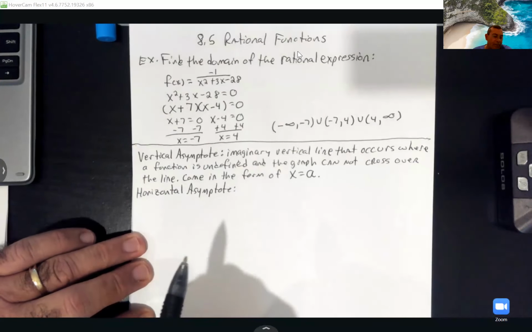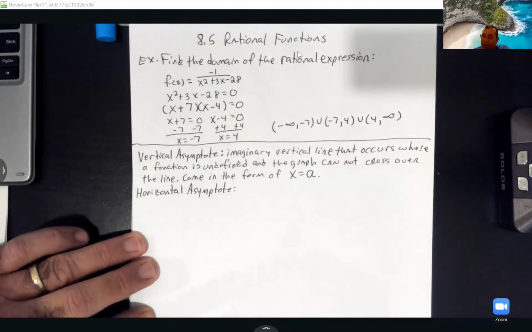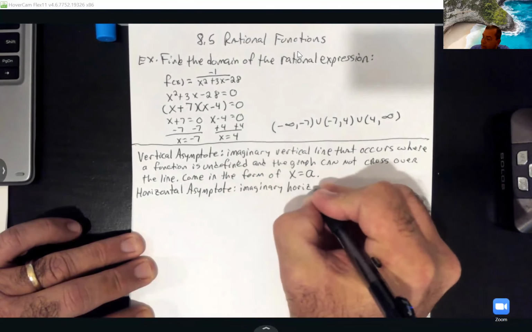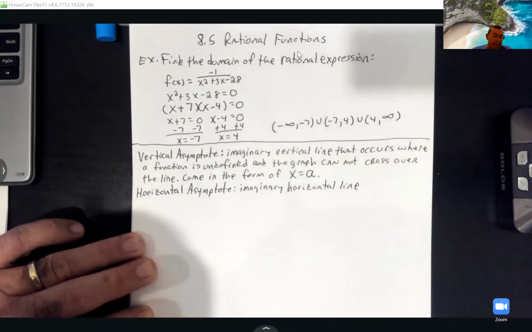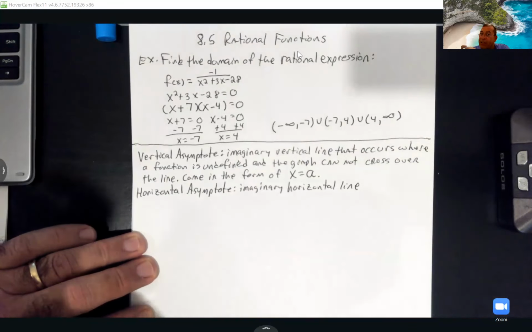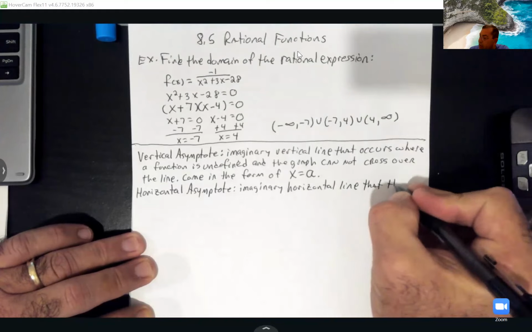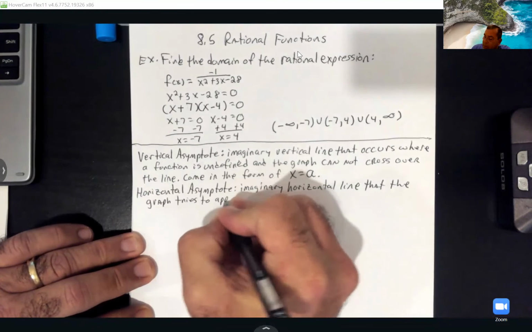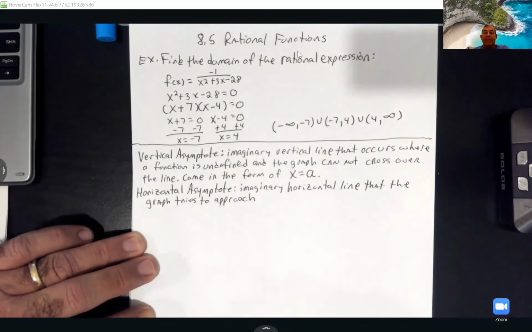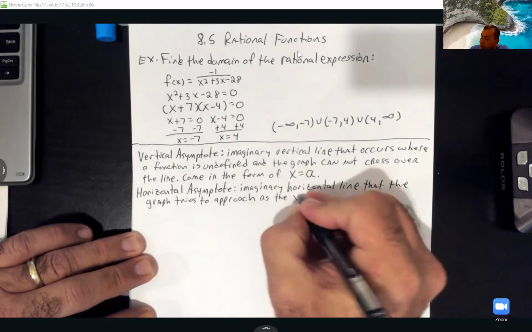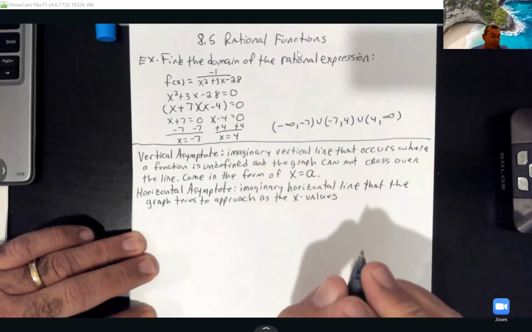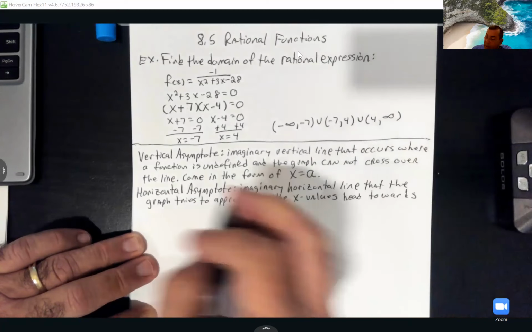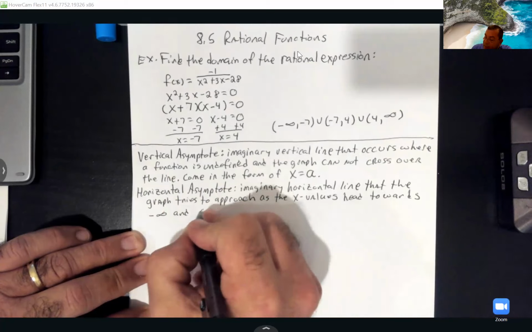The horizontal asymptote is an imaginary horizontal line that the graph tries to approach as the x values head towards negative infinity and positive infinity.